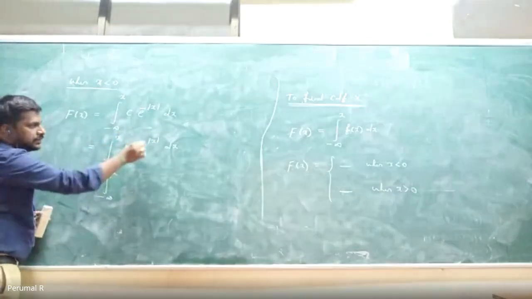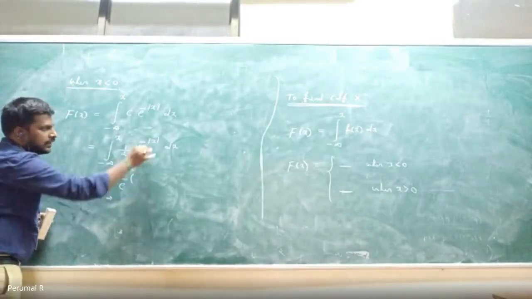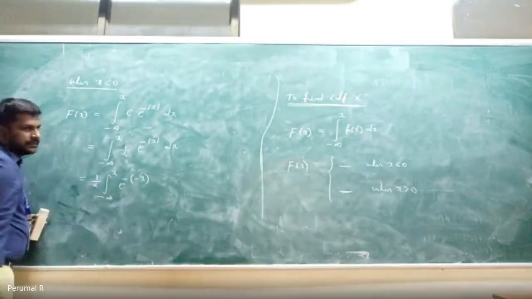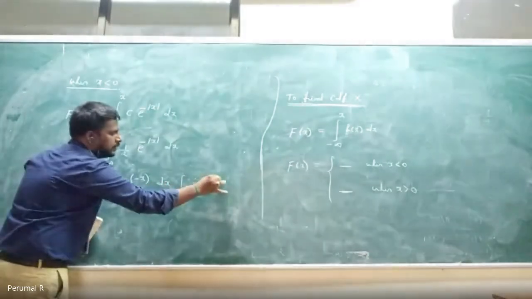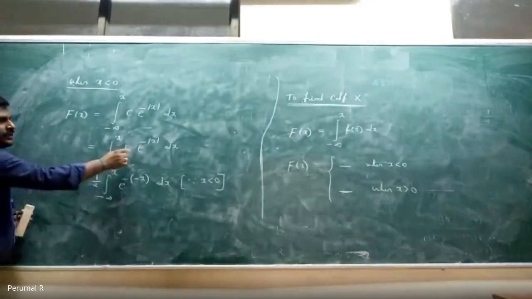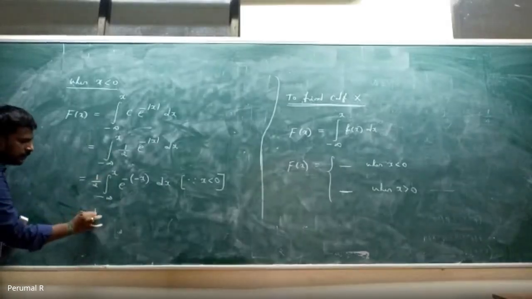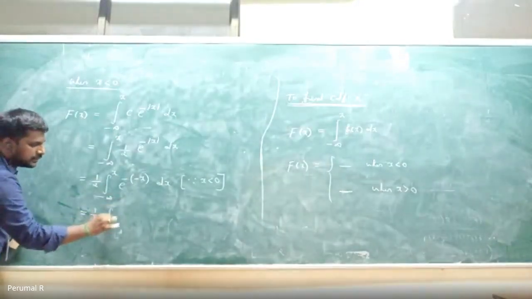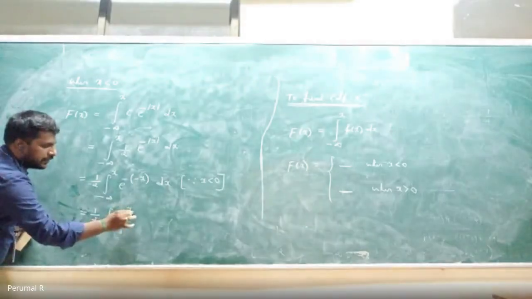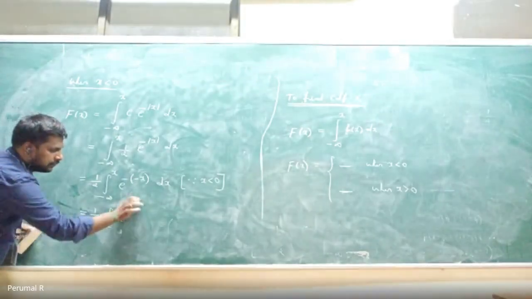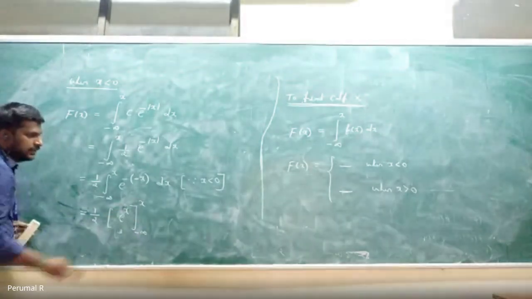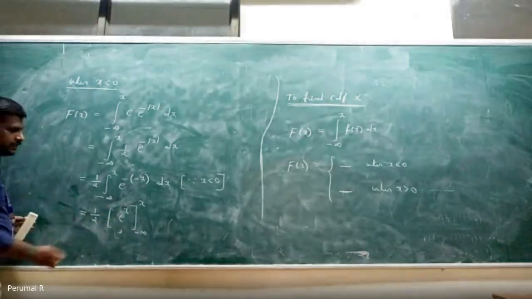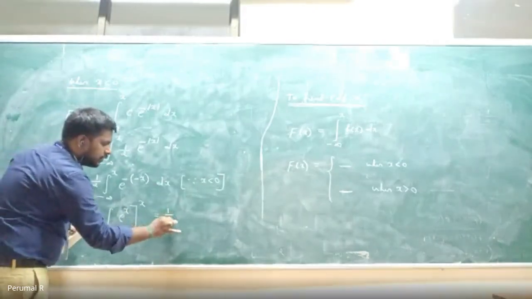So x less than 0 means e power minus modulus x becomes e power x, since x should be less than 0. So 1 by 2, now the integration of e power x is e power x, with limits from minus infinity to x. Now you have to substitute the limits. So 1 by 2, you can replace x by x again.